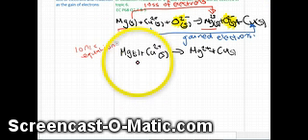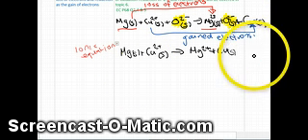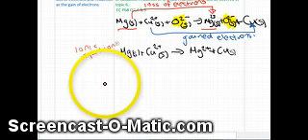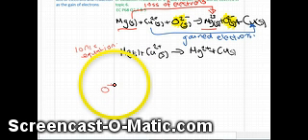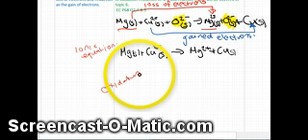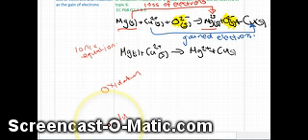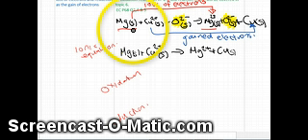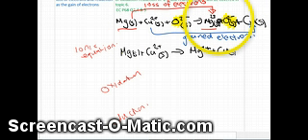Now if you were to write this in terms of half equations, you'd look at what's going on in one half of the equation. You look at the oxidation half and the reduction half. What's happening in the oxidation half? Oxidized is a loss of electrons, OIL RIG. We're looking at the red section above.